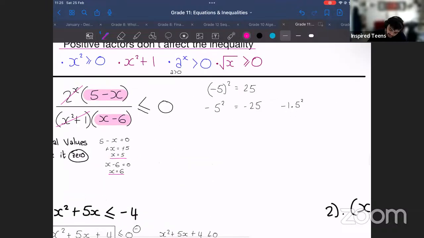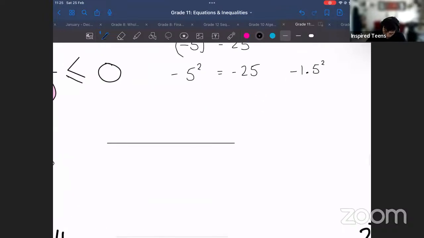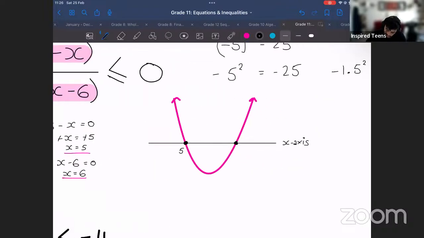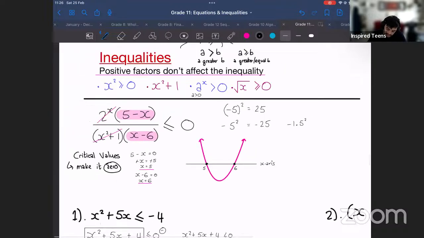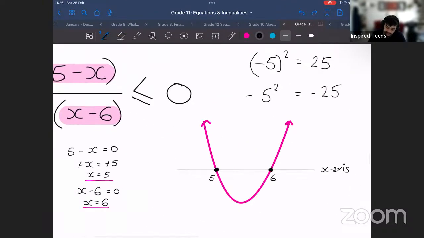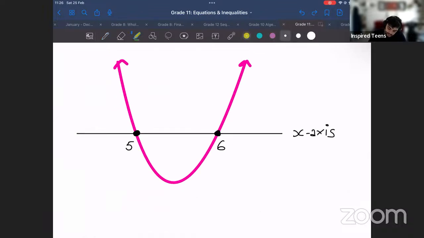Once I have my critical values, I'm going to do the parabola method. X-axis, parabola. Insert my x-intercepts, 5 and 6, so that has to be 5, that has to be 6. Then I look at the question. The question wants to know, when is it less than 0? Less than 0 is below the x-axis.